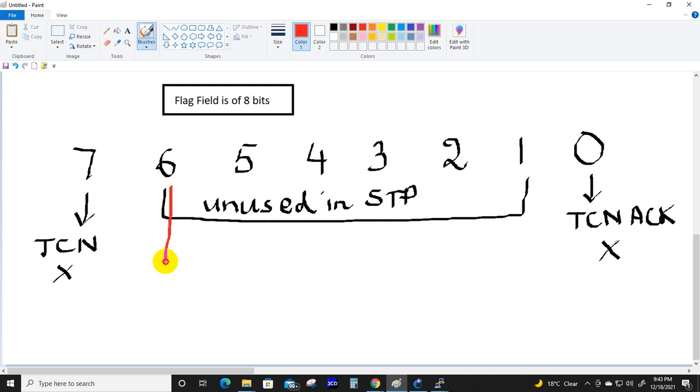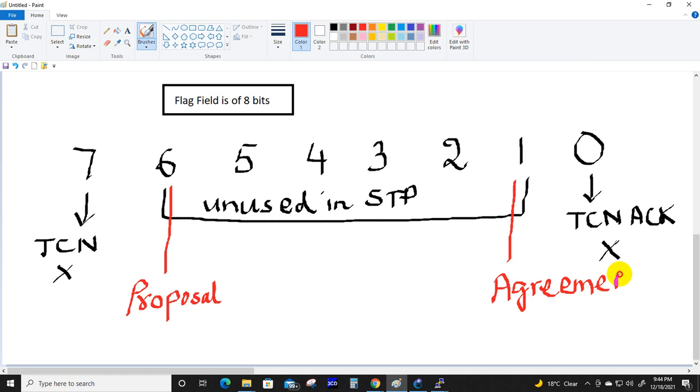This is the proposal bit. This is the agreement bit.